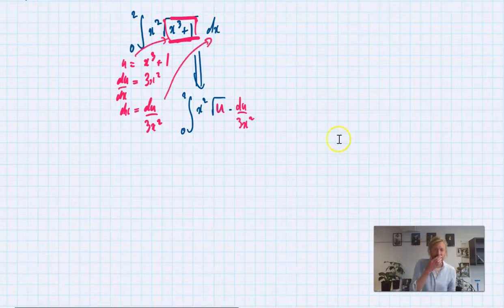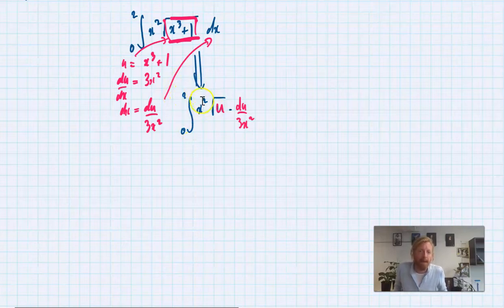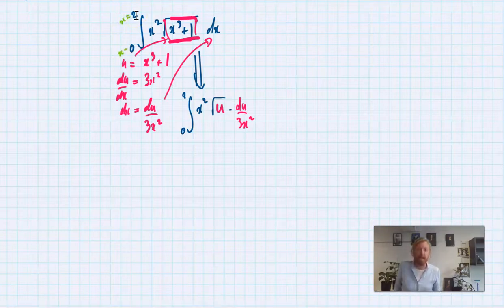Now the bounds kind of don't mean anything at this point. Look, I've got x's and u's. In the initial question, they say from x equals 0 to x equals 2. Am I talking about u's or x's here? Well, let's just get rid of them for now. Just bear with me.